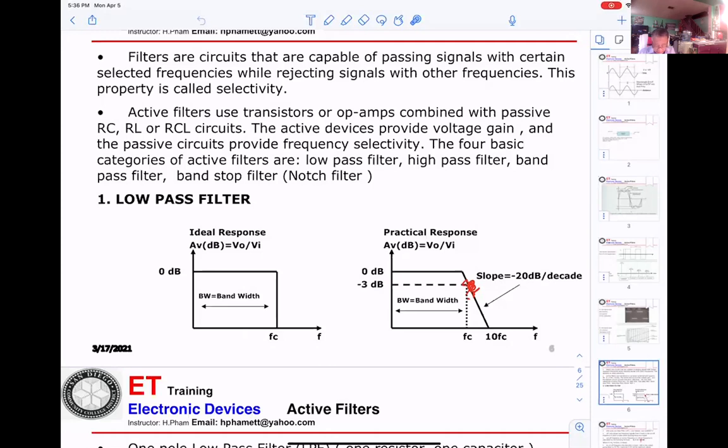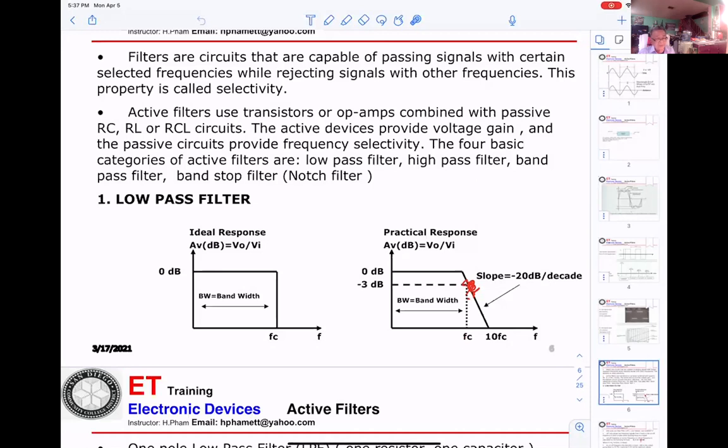Also we're talking about the bandwidth. The bandwidth of the low pass filter will be from 0 up to the cutoff frequency.